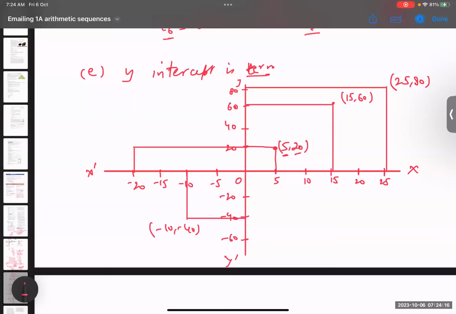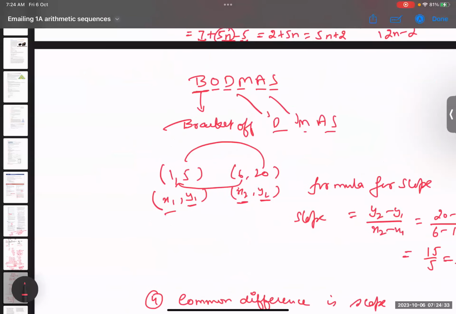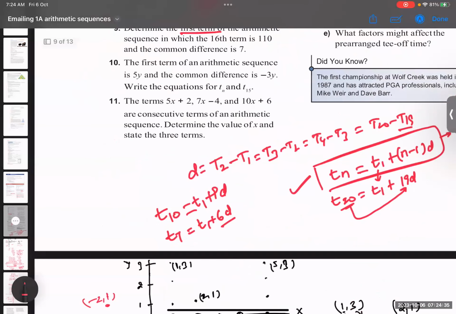Negative 20 and 20. Yes. Got it? So we can take any point on the y-axis, any difference on the y-axis, and any difference on the x-axis. Is it clear to you? Any doubts? No. Fine. The concept is clear. Now read the question once again.